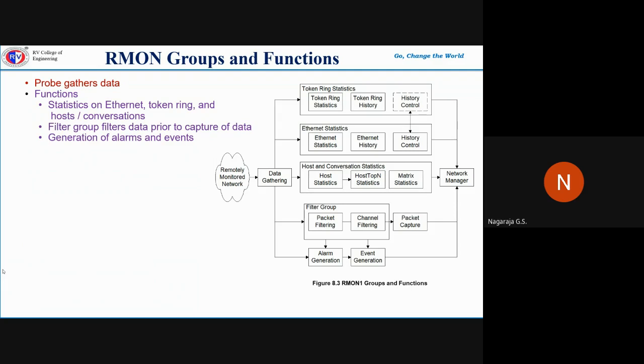Host statistics is similar to host top n statistics, but you need to clearly distinguish between those two statistics. Apart from that, you can easily write down the filter group and the other two groups which you have at the bottom. I think you can easily write down your answers relating to RMON groups and functions.